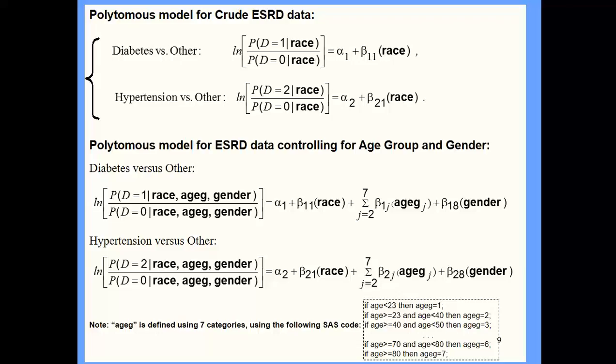So if you got beta 1,1 hat and beta 2,1 hat, and you exponentiated each of these betas, you're getting odds ratios for the effect of race on the outcome. One compares hypertension to the reference group, and the other compares diabetes to the reference group. Okay, that's what it is.